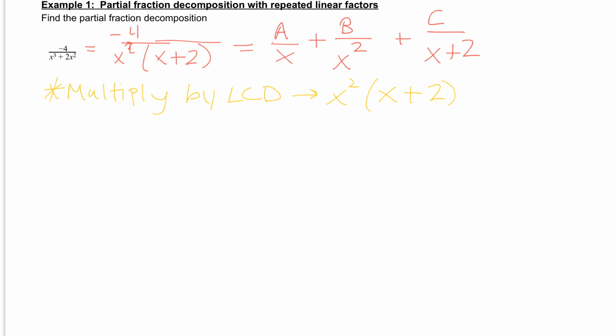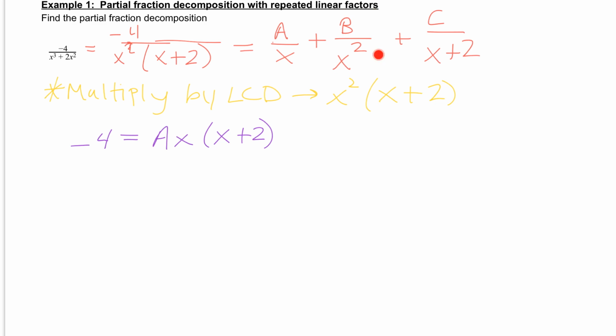If I multiply this whole thing by the x squared times x plus 2, this whole denominator is going to cancel out, and I'm going to be left with just negative 4 equal to, if I take A over x and multiply it by here, this x will cancel out just one of these x's, and I'll be left with A times x plus 2.